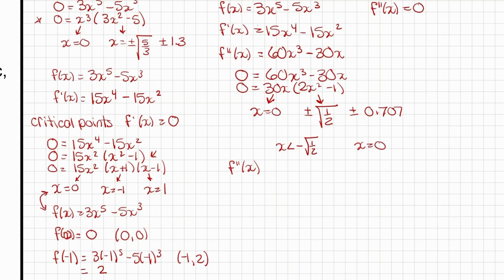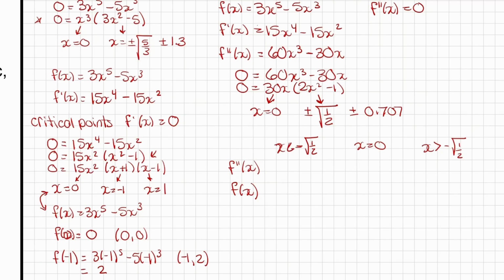And what is the second derivative doing when x is greater than root of 1/2? That's what we want to know. Then we're going to compare that to what our actual graph is going to be doing, the concavity of the graph. So we're going to pick a point. To do this, we need to know if these are greater than 0 or less than 0 or equal to 0.